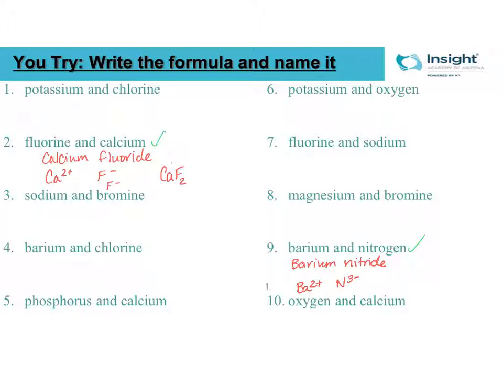Or I can work my way the long way. So if I add an extra barium, that increases my positive charge, but it doesn't make it equal. Because now I have extra positive, so I'm going to have to add another nitrogen. But now I have too much negative, so if I add one more barium, lo and behold, I have 2 plus 2 plus 2 is 6 positive, 3 plus 3 is 6 negative, so my formula will be Ba3N2.